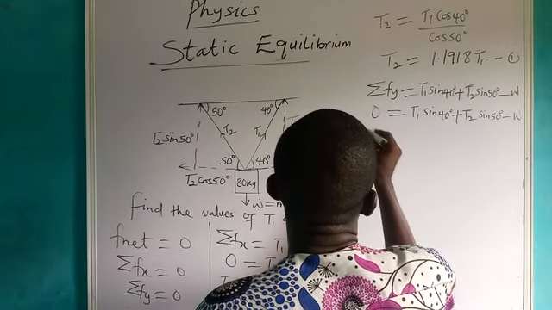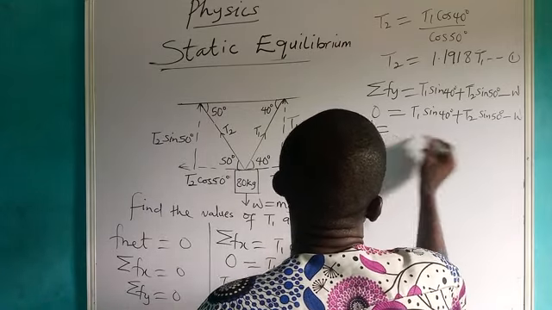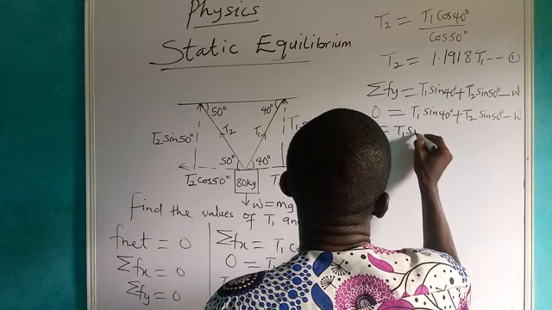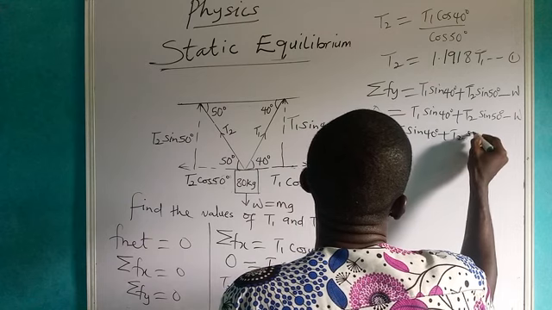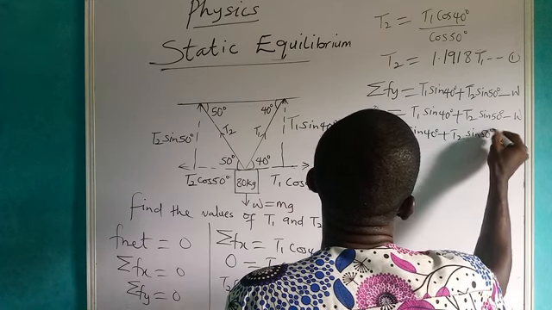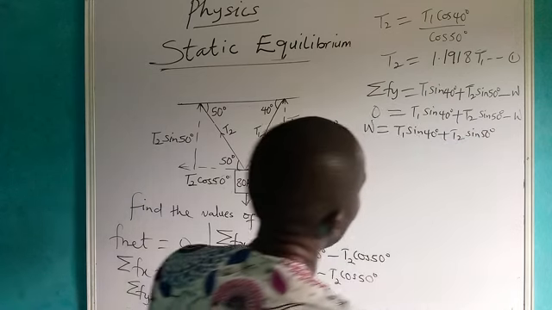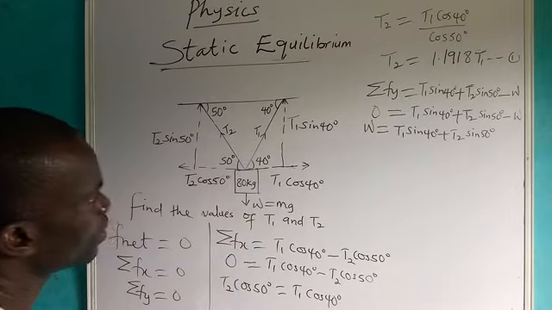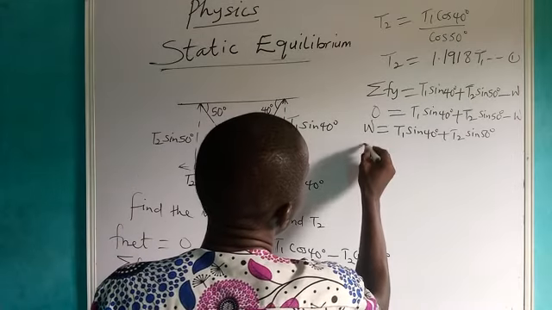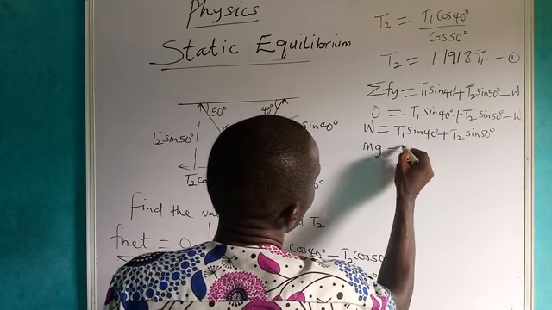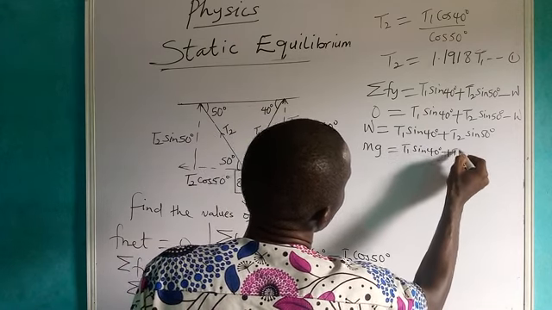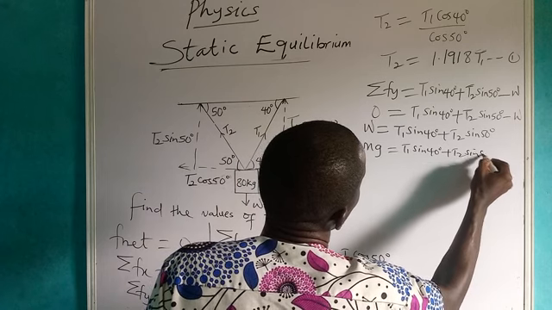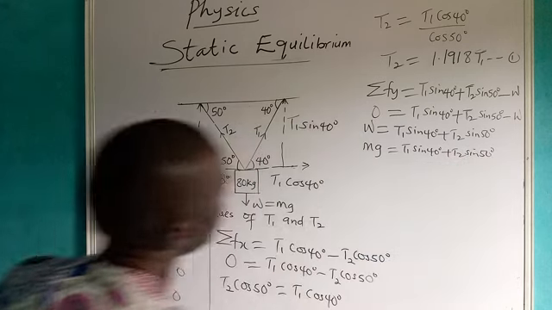If I take it over, I will have W equal T1 sine 40 degree plus T2 sine 50 degree. Now we can substitute for W, and it becomes mg equal T1 sine 40 degree plus T2 sine 50 degree.